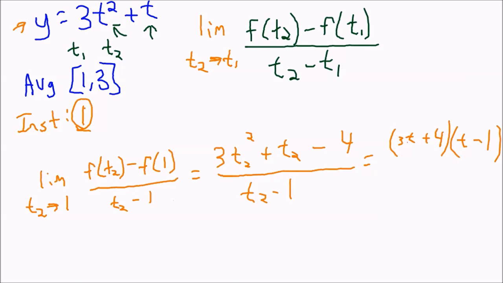If I FOIL this out, I'm going to get 3t squared minus 3t plus 4t minus 4. Is that what I want? That is what I want, because minus 3t plus 4t becomes positive 1t. So this indeed is going to be how we factor the numerator.